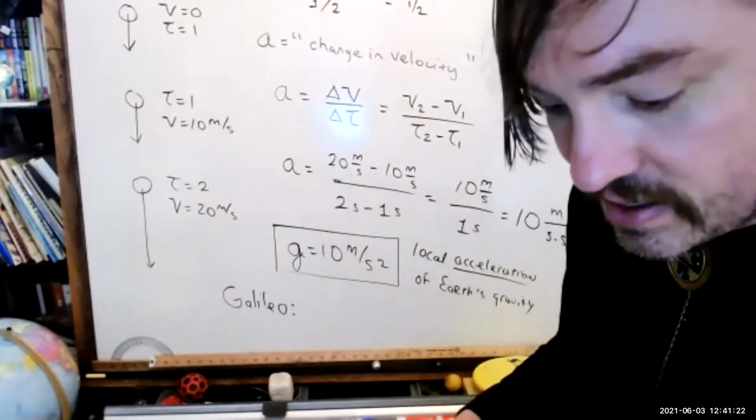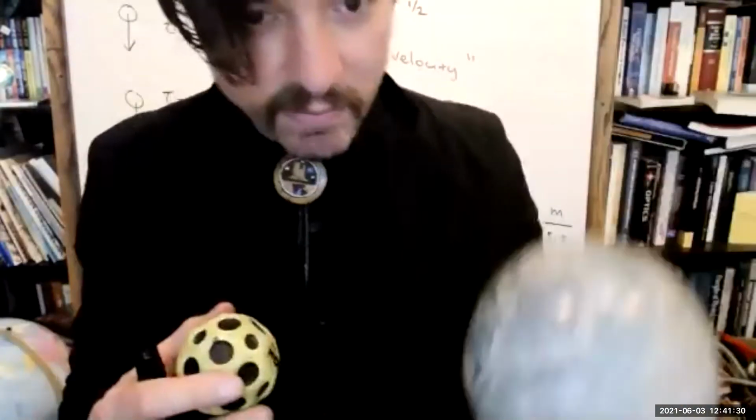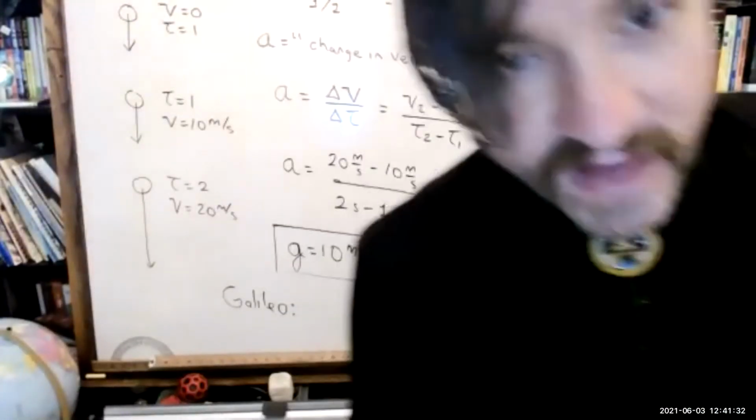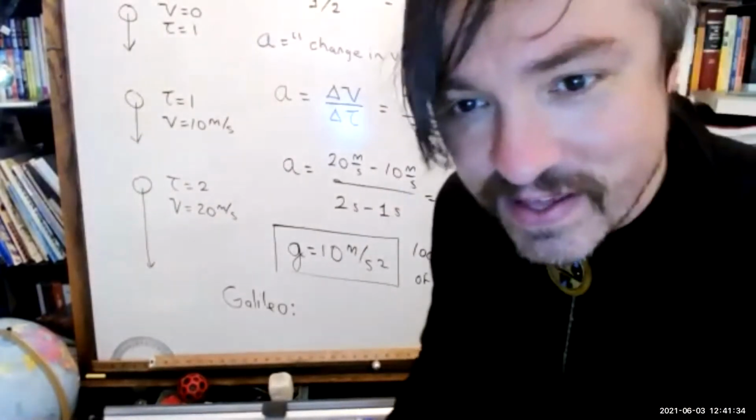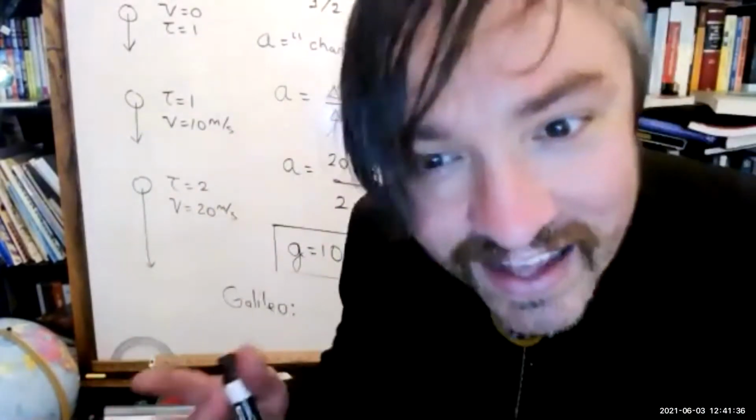Aristotle had claimed that if you have 2 stones, a massive stone and a light stone, and you dropped both of them at the same time, the more massive stone would fall to Earth faster by dint of something he called gravitas, okay?